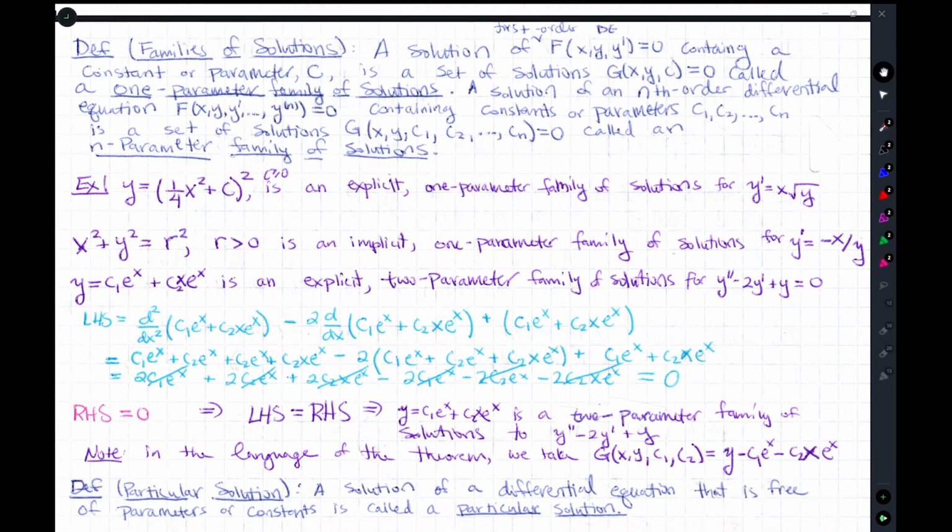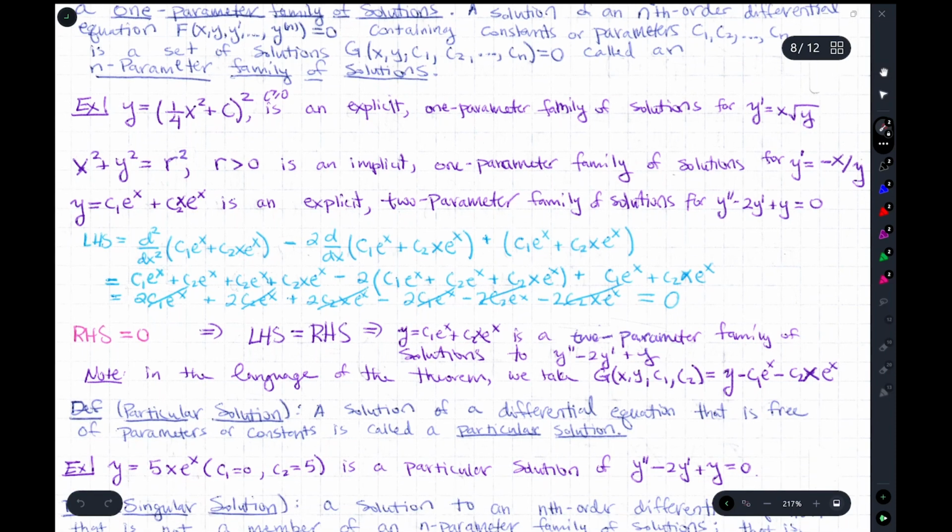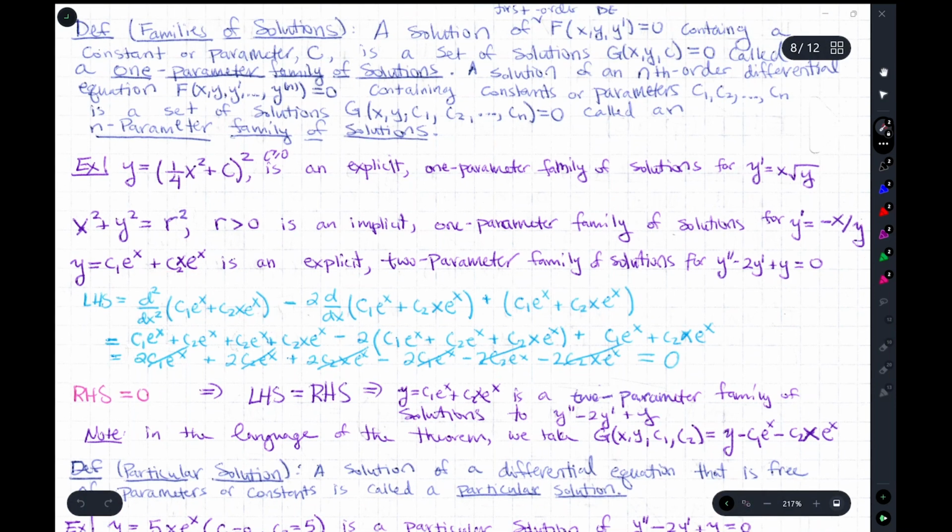Let's look at another definition, that of a particular solution, okay? A solution of a differential equation that is free of parameters or constants is called a particular solution. Now, what does that mean? It doesn't necessarily mean that you're getting rid of them, that somehow you eliminate the family of solutions.